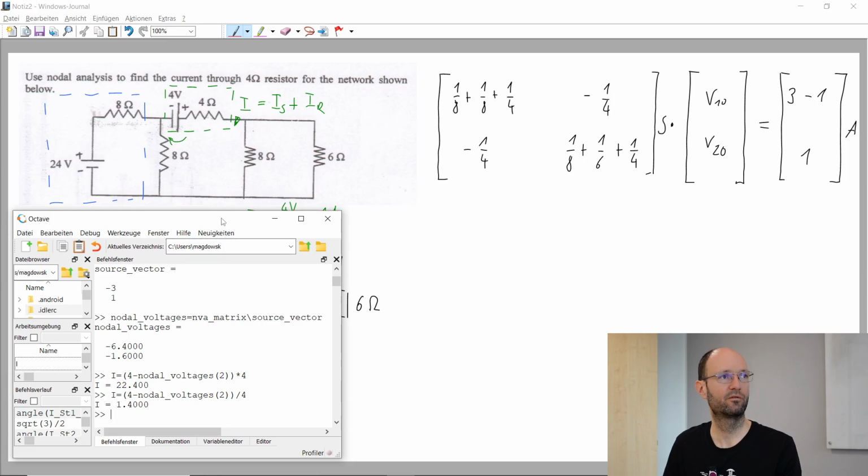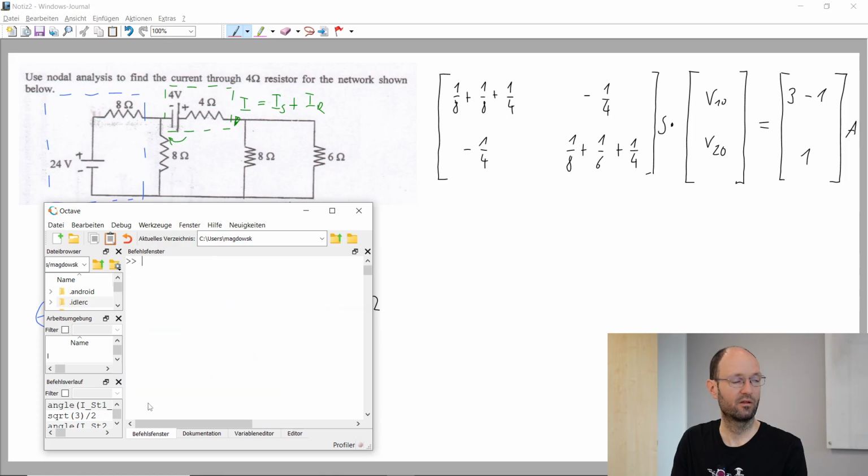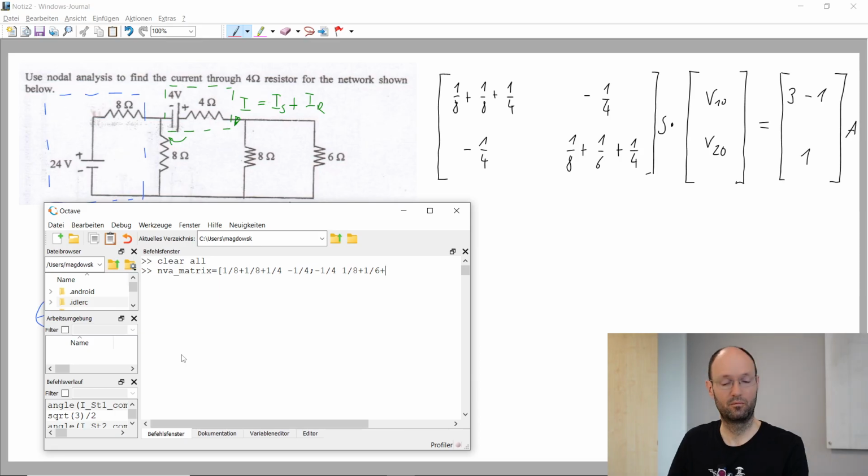If we change to Octave, and if I do some clc and some clear all maybe, then we can start with our nodal voltage analysis matrix and say this is 1 over 8 plus another 1 over 8 plus 1 over 4, then minus 1 over 4, and in the second row another minus 1 over 4, and then 1 over 8 plus 1 over 6 plus 1 over 4.